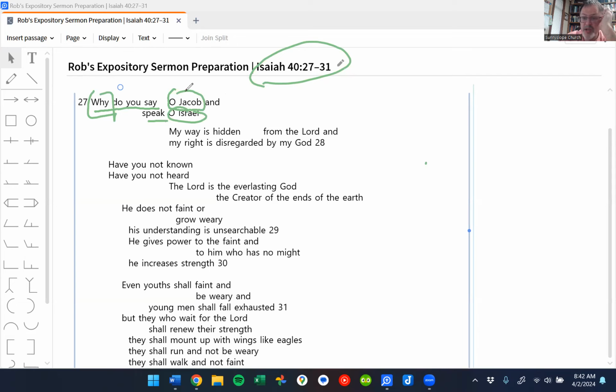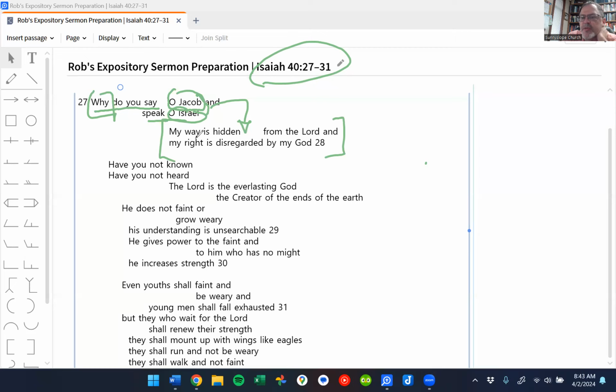And then the question is, what is it that Jacob and Israel are saying and speaking? That's answered right here. So here's what the people are saying. And again, there's some parallelism here. So let's just for fun change the color of the font here.